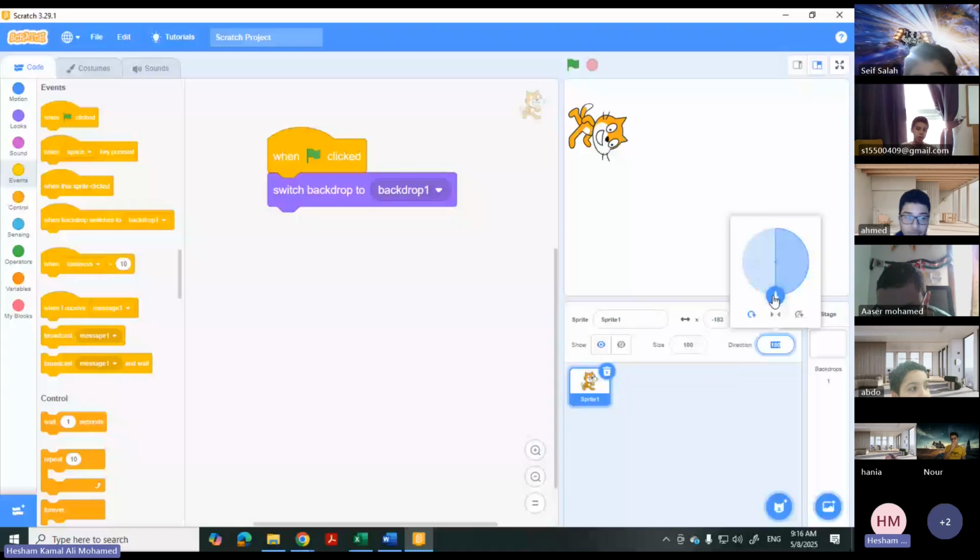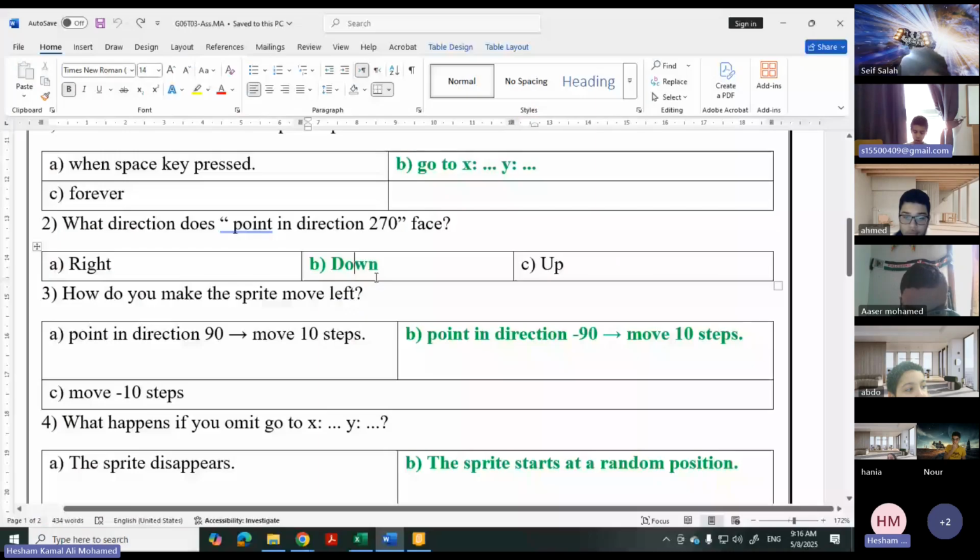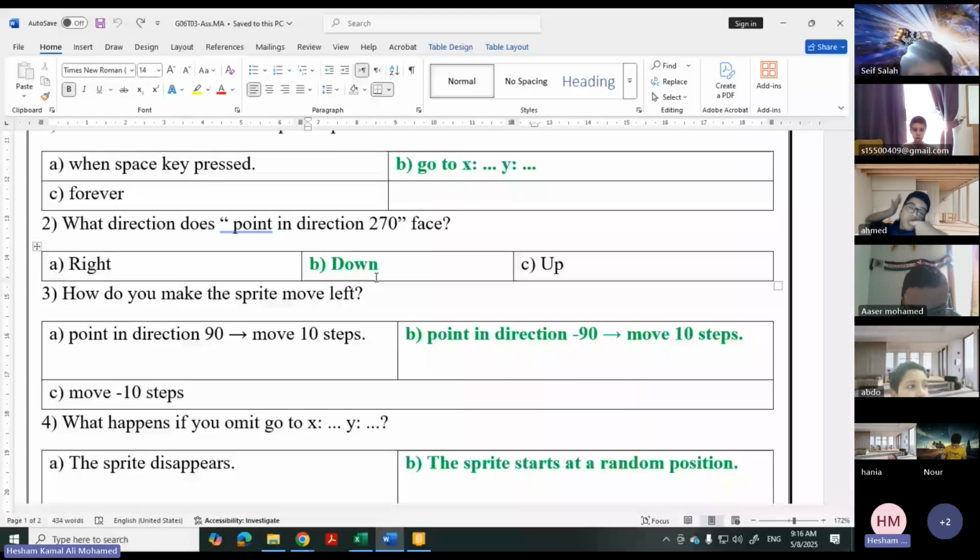So the answer would be down. Do you understand this? This is very important for you. I know that Scratch is different than the coordinates, but both do the same job. Both go in the same direction. So it shouldn't be confusing to you. That's why I'm explaining it more than one time.